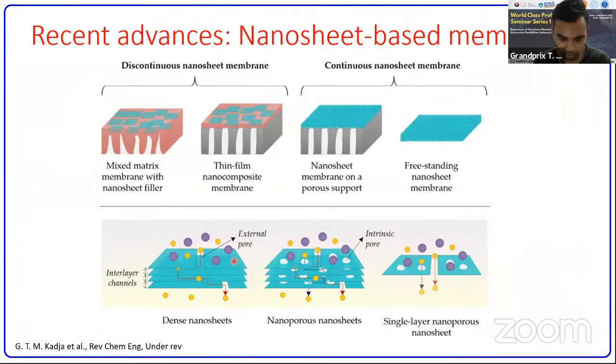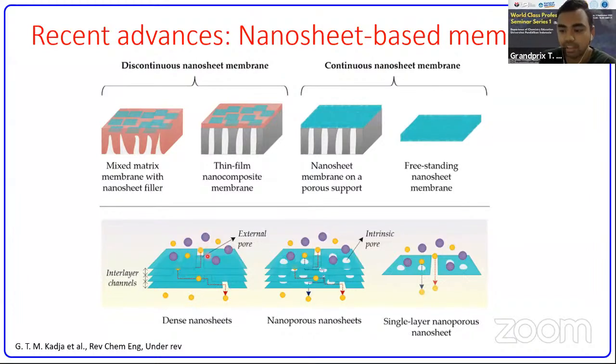We could then use the nanosheet inorganic fillers to create novel mixed matrix membranes. As you can see here, if we have the stacks of nanosheet inorganic fillers, it could create abundant intergalleries or interplanar spacings, which could give a tortuosity, then act as separating layers.